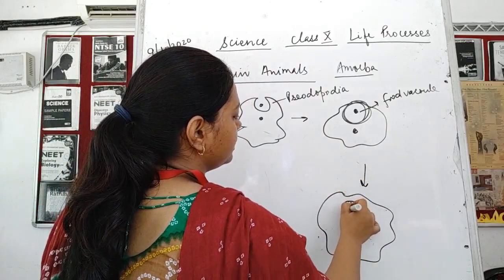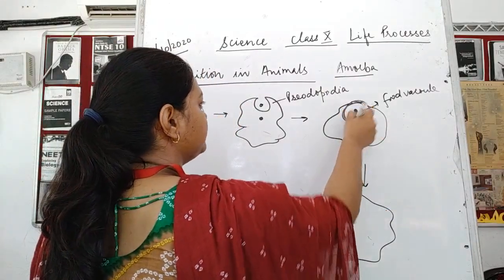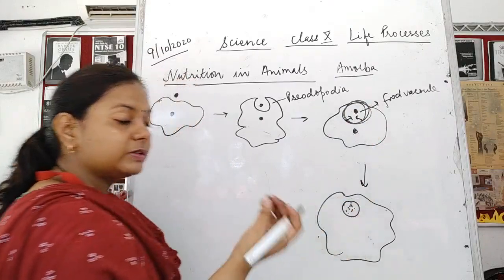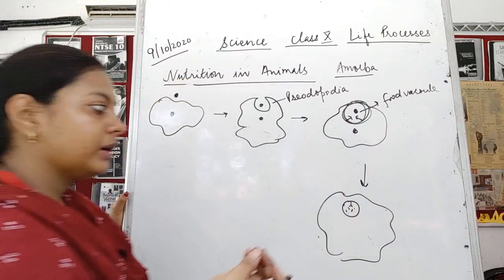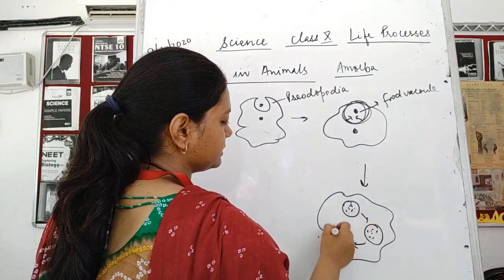The food vacuole starts secreting certain enzymes. Now the enzymes secreted inside this food vacuole start breaking down the complex material. The complex food is getting broken down into small pieces, into simpler substances.